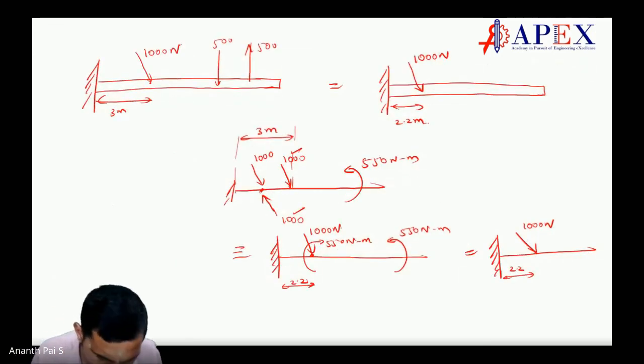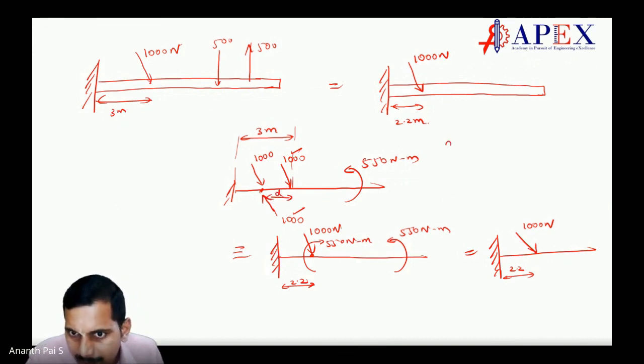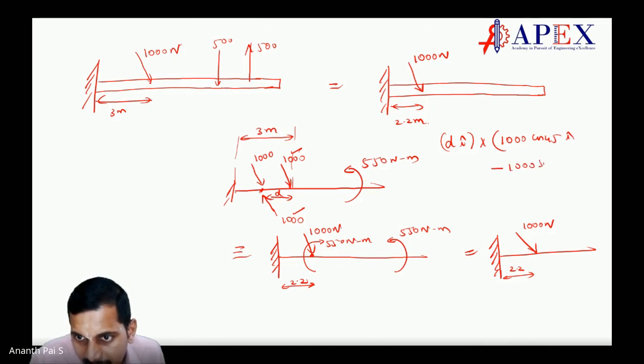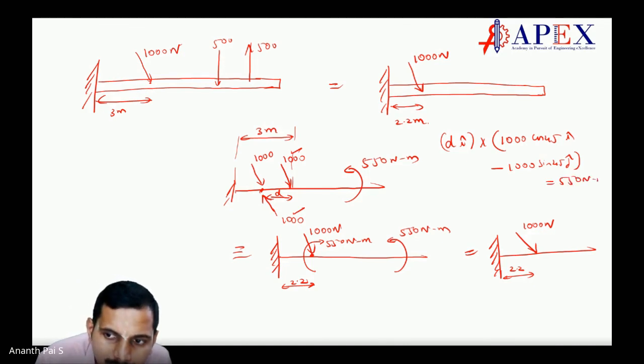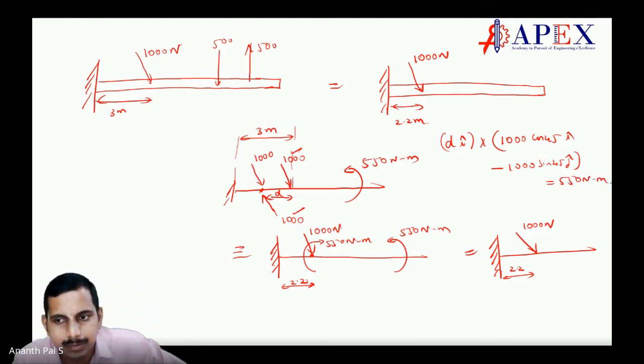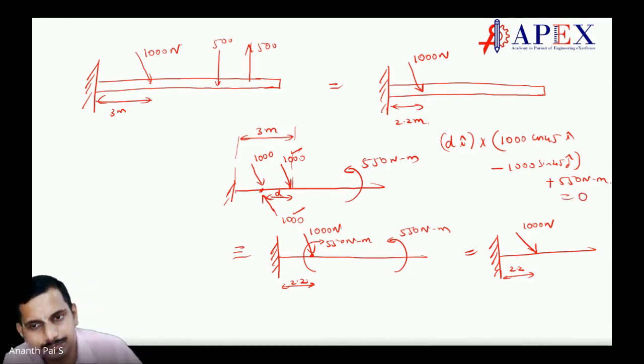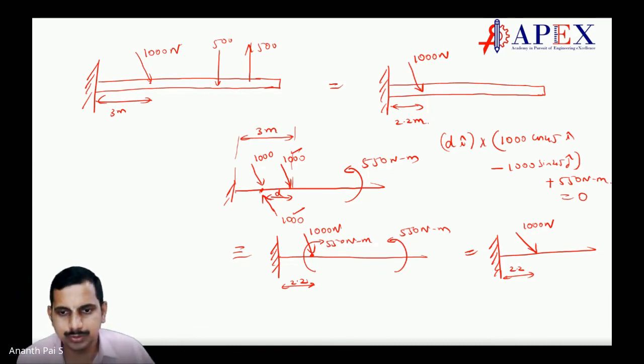I'm moving D in such a way that D crossed with this 1000, which is 1000 cos 45 i minus 1000 sin 45 j, plus 550 Newton meter is equal to 0, correct? Yeah. Got it. That's how it should be.